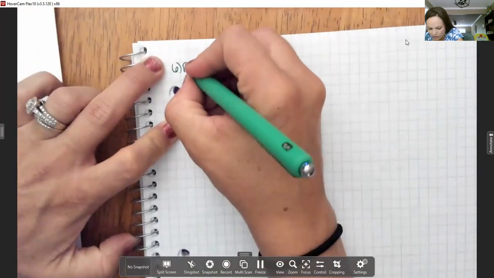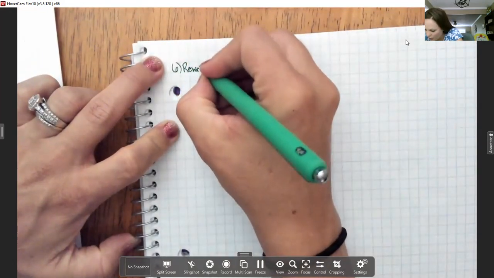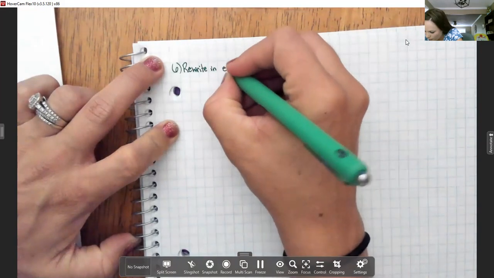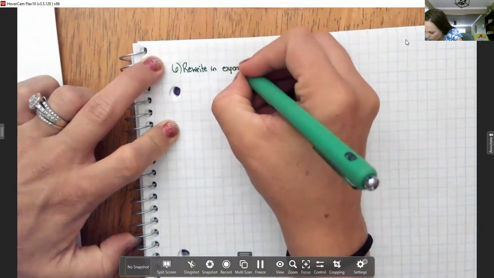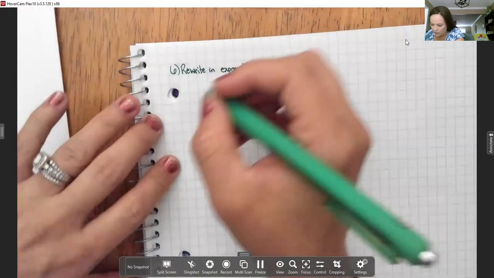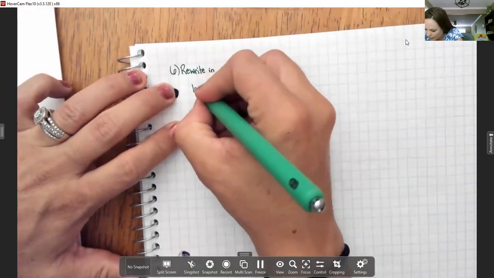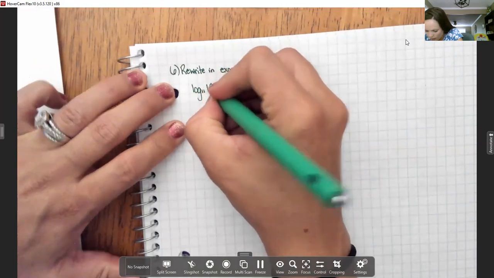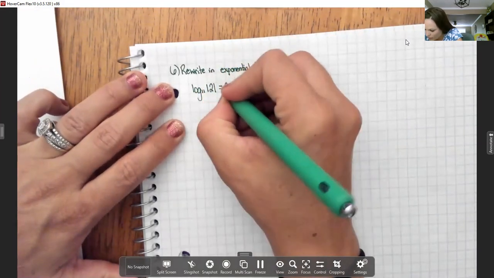Number 6 says rewrite in exponential form. So it's log base 11 of 121 equals 2.